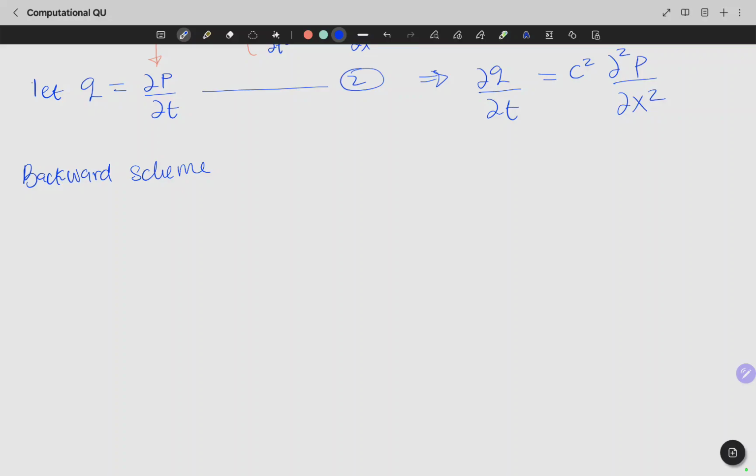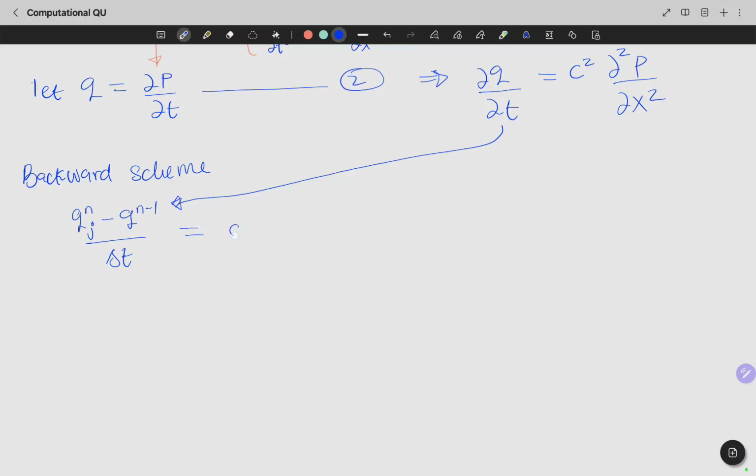So how does the backward scheme go for this one? We have q of n j minus q of n minus 1 by dt. If you remember, that's the backward scheme for this guy.